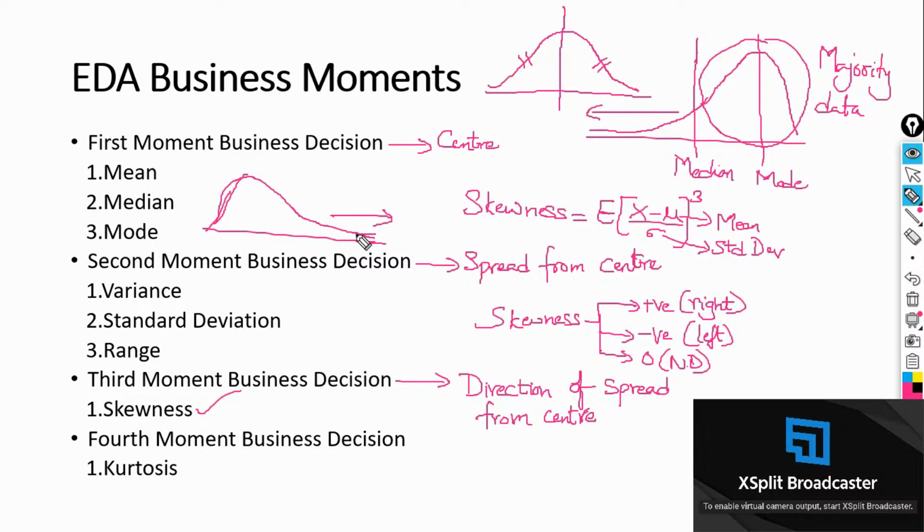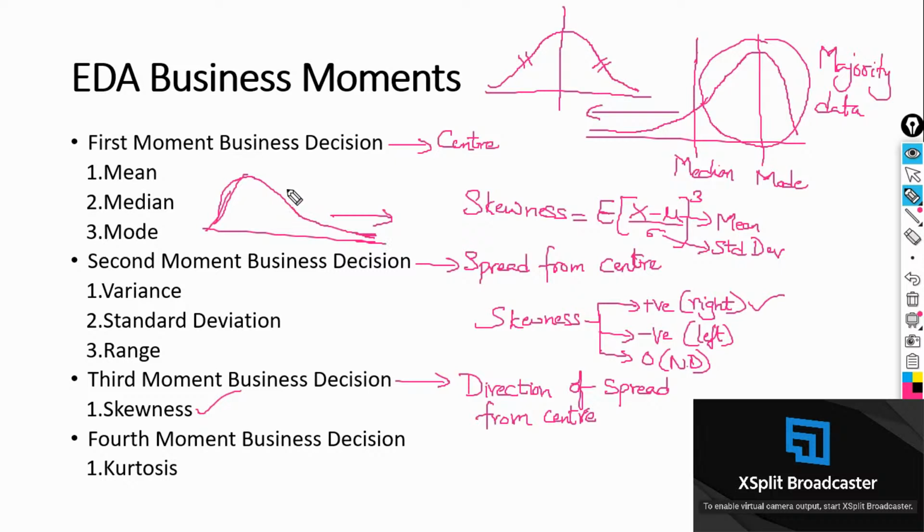What is actually making this long tail is outliers. We discussed extreme values, right? Because of these outliers or extreme values present in the data, you will find a long tail. If you find a long tail towards your right side, such kind of data is nothing but right skewed or positive skewed data.